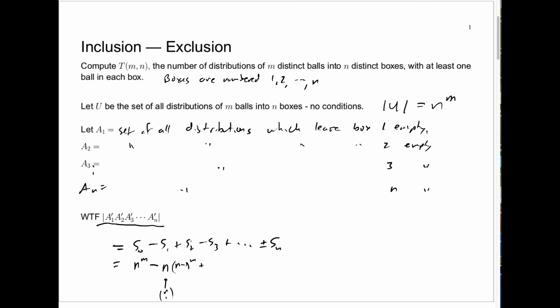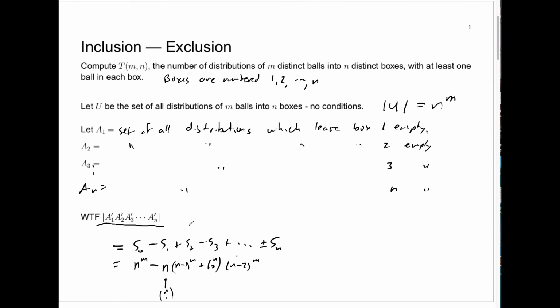What about S2? S2 is the sum of the sizes of the intersections of the sets 2 at a time. Well, there will be n choose 2 different intersections of the sets 2 at a time, and to be in such an intersection, we'll need a distribution of the m balls into now n minus 2 boxes, because 2 of them will be empty, and that can be done in precisely (n minus 2) to the m.